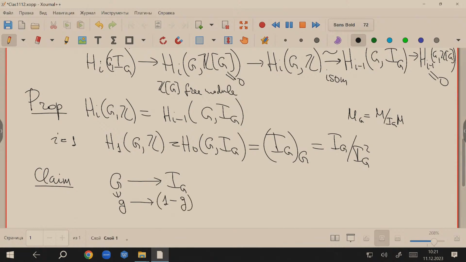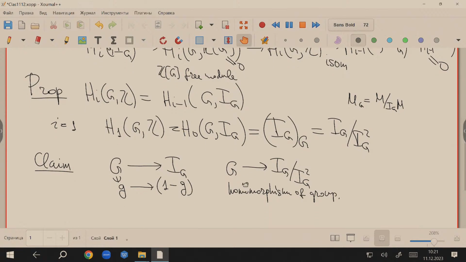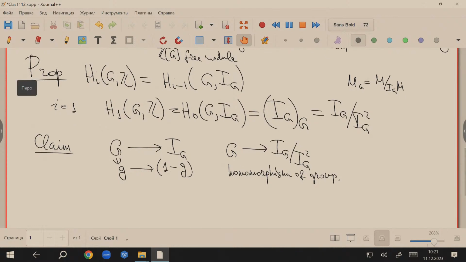Trivial. But notice that if you map g to g modulo I_G squared, this will be a homomorphism of groups. Here you should be cautious about the structures.